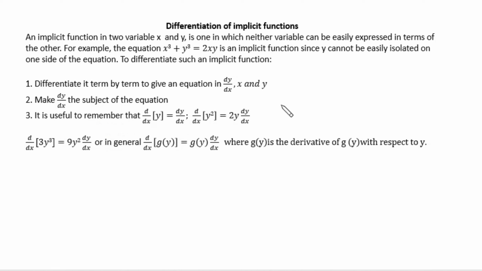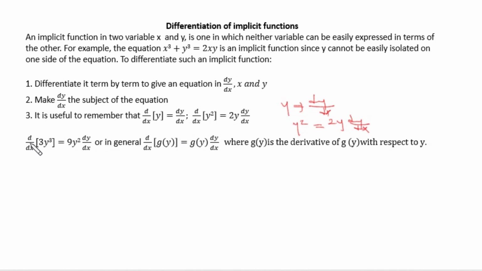When you differentiate y, it becomes dy dx. Differentiating y squared, don't forget you multiply: 2 comes down, this becomes 2y. Remember, you subtract the power by 1, and then don't forget to write dy dx.